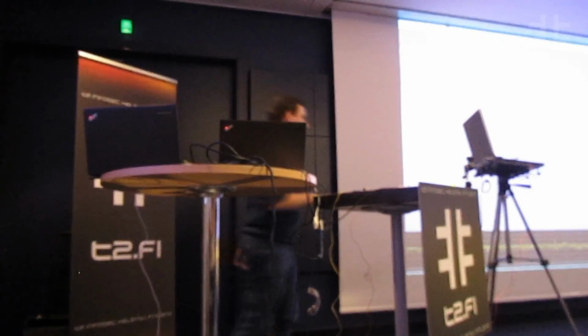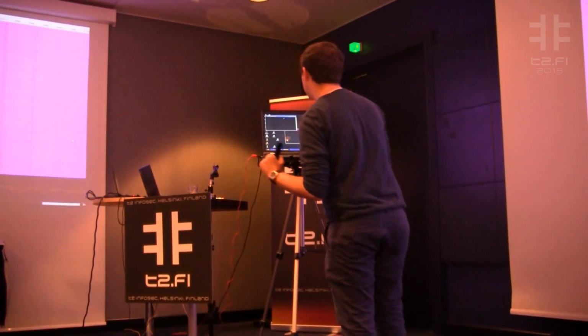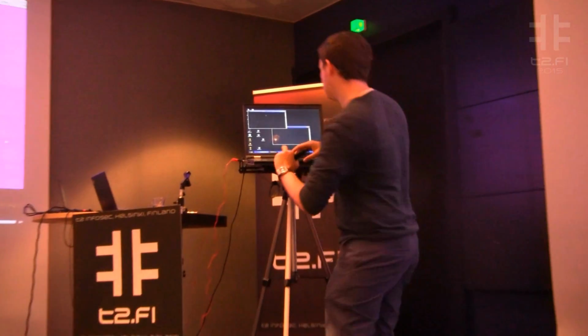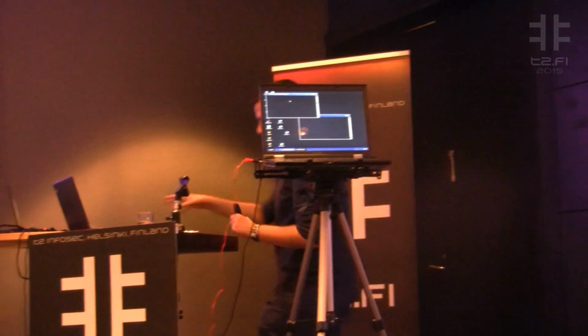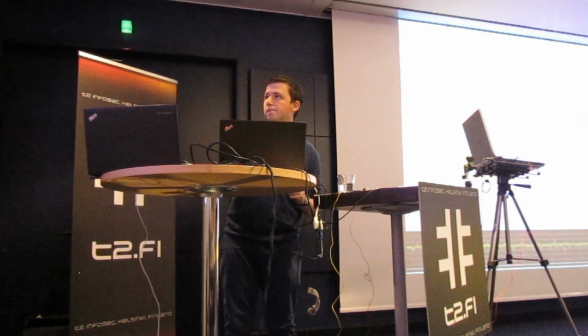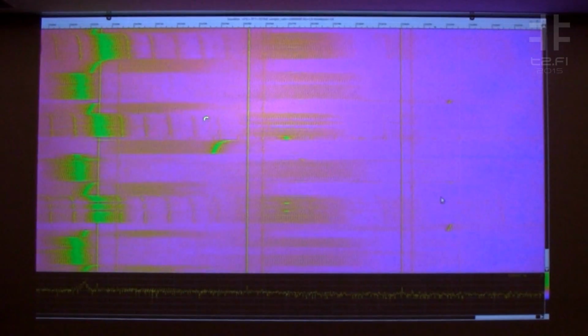So let me ask my computer to do some operations for us. What I forgot to mention is that intensity is represented with this yellow color. So at this point in time, and at this frequency, we had a particularly strong signal.